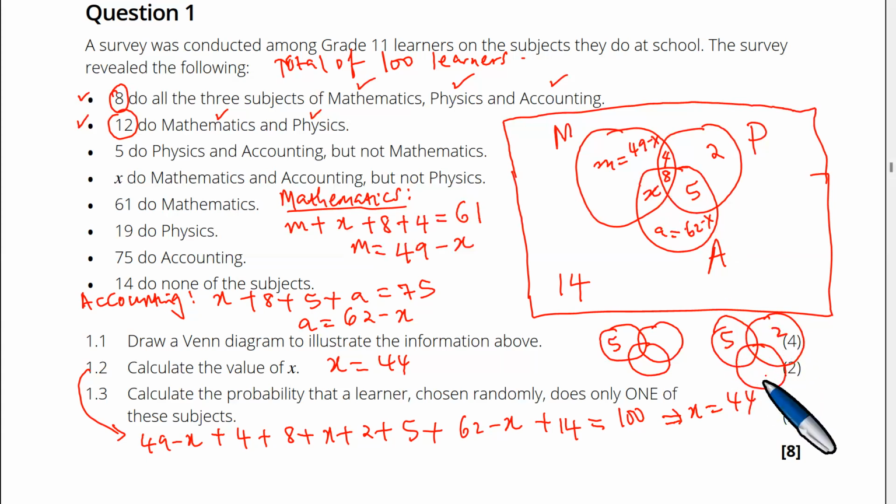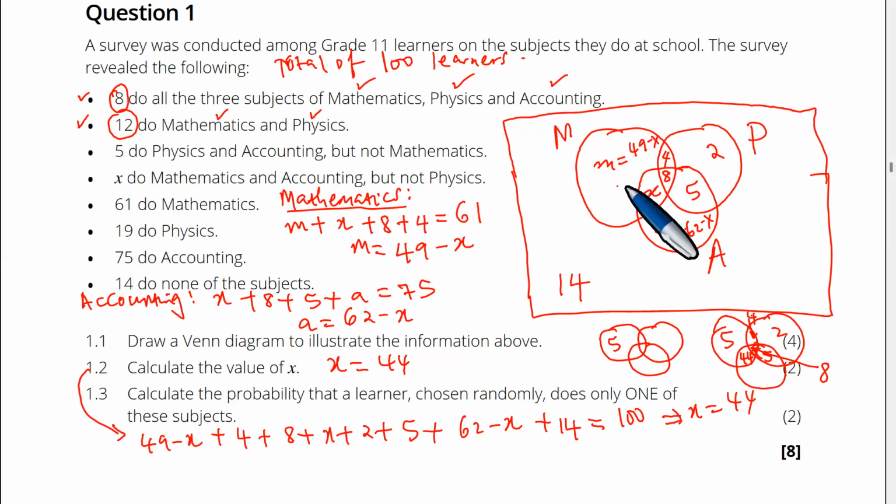You get a 2. You get a 5 here. You get an 8. Okay, the 8, I'm just going to put it outside here. You get a 4 here, and then you get a 44 here.